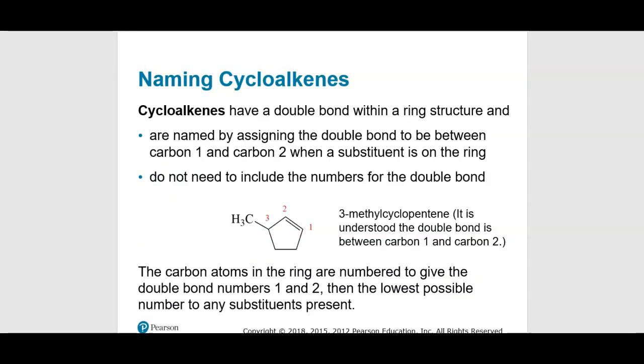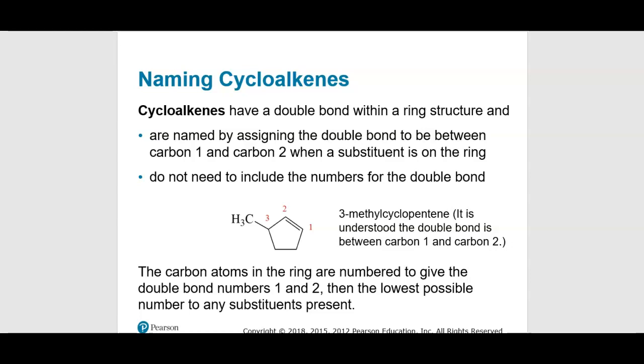Cycloalkenes, you do it the same way as you did cycloalkanes. And now they have a double bond within the ring structure somewhere. And they are named by assigning the double bond to be between carbon 1 and 2. All right, so you see you have a methyl cyclopentene in there. There's a methyl substituent on it, and it's a 5-carbon ring, and it's an alkene, so it's a cyclopentene.